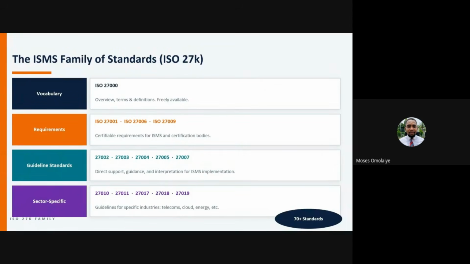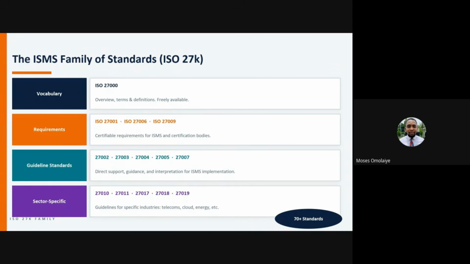So we now have guidelines. We have the 27002. What does the 27002 do? Those Annex A controls that you see in the 27001, they are just guides on how you should implement those controls.